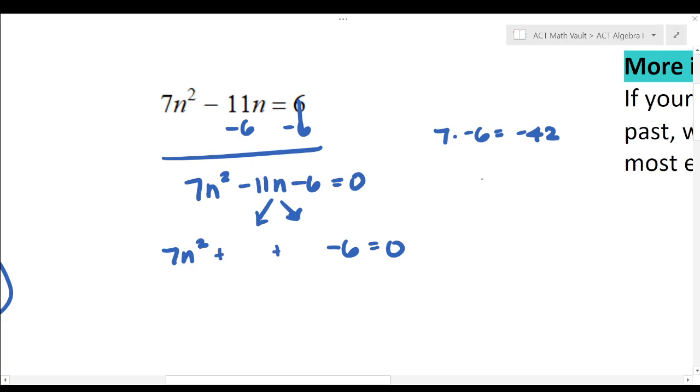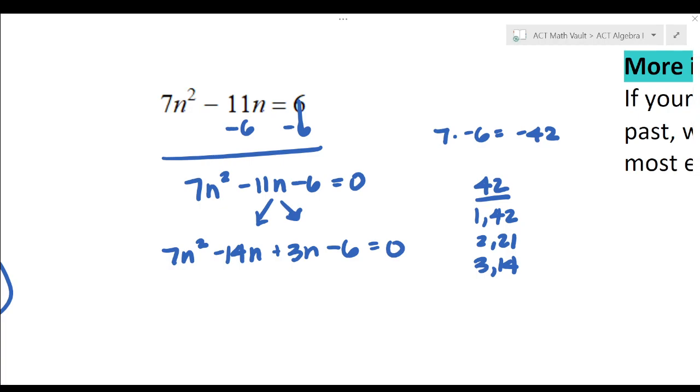So, okay, 42, I'm just thinking of all the factors. 1 and 42, 2 and 21. Let's see, 3, does 3 go in? Yes, 3 goes in 14 times. Oh, and there we go. 3 and 14 are 11 units away from each other. So I could probably split this into negative 14n and then plus 3n. So those two numbers multiply to negative 42 and they add to negative 11.